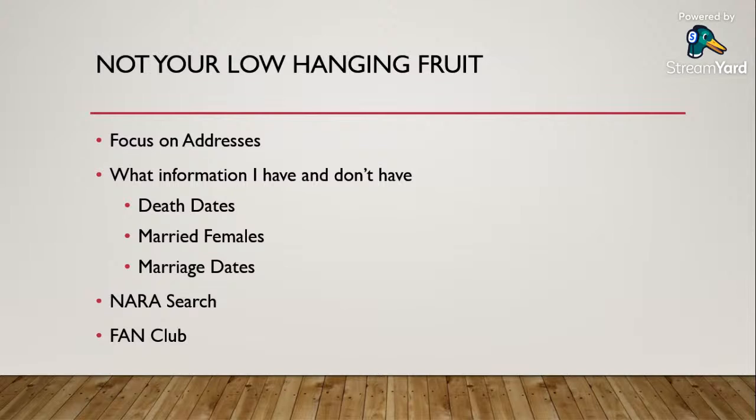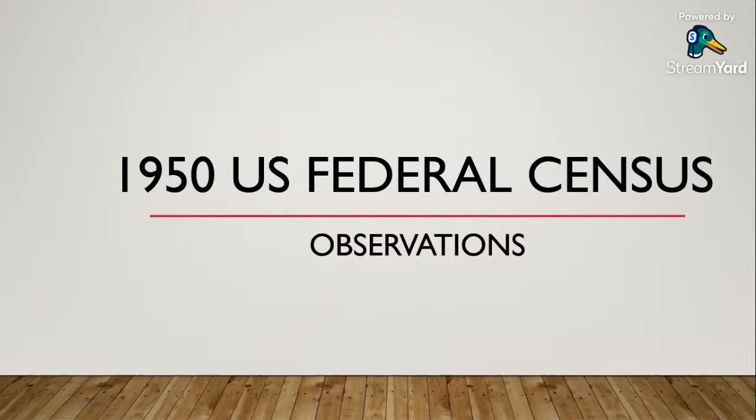So the fan club. I do recognize that there are some people on that list that I won't be able to find until we have the search engine available from Family Search and Ancestry.